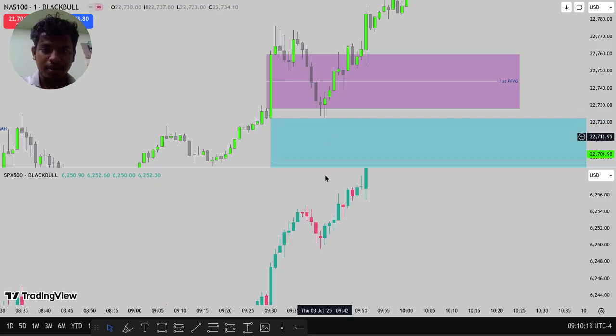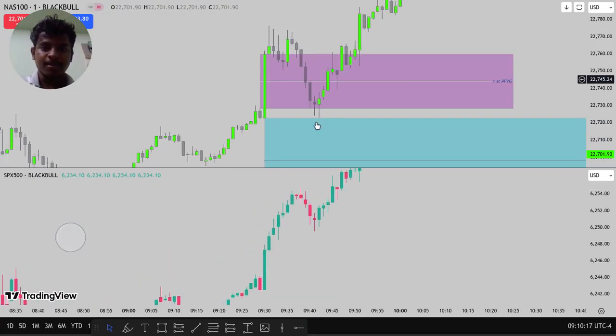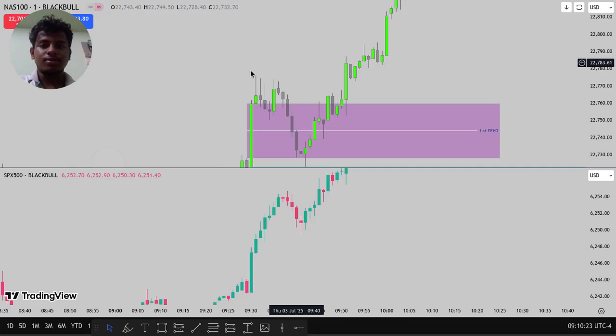The market trades downward, but here it's not like that. It's a great SMT. You can enter right at the first percent to 50% level. You can target these equal highs. It's a very beautiful trade.